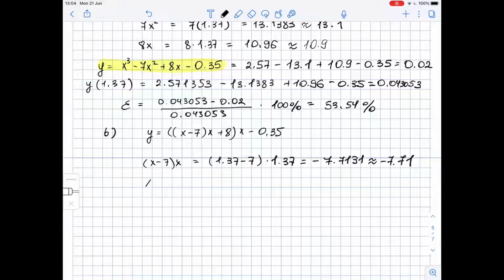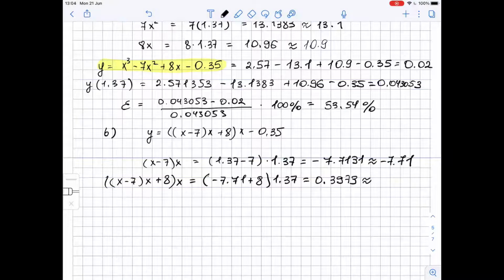Well, now we need to calculate x minus 7 times x plus 8 times x. So we get negative 7.71 plus 8 times 1.37, and this equals 0.3973. Again, we do 3-digit chopping and we get that this equals 0.397.